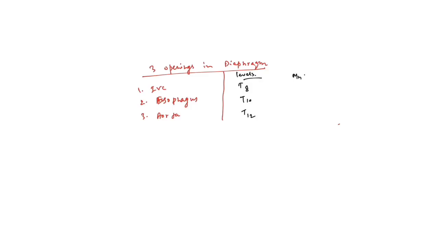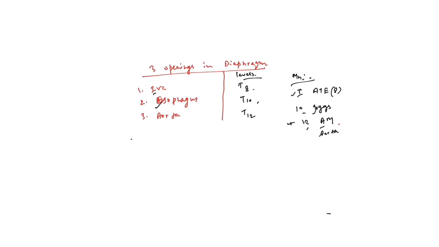So the mnemonic for this is I 8 10 eggs at 12 a.m. So I for IVC, this is T8, 10 eggs, that is T10 level, is for esophagus, and aorta at T12, that is T12 A for aorta.